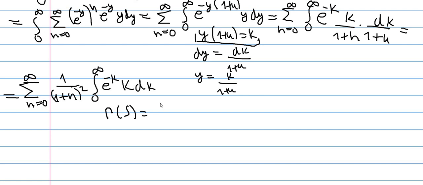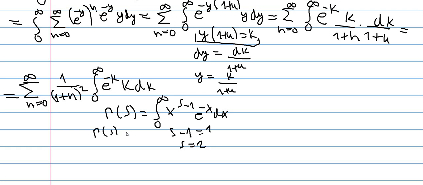Gamma function is defined as follows: an integral from 0 to infinity of x to the s minus 1, e to the negative x dx. And I will see that this is just s minus 1, and here the power is 1, so s is 2 here, and we know that gamma of s is s minus 1 factorial.